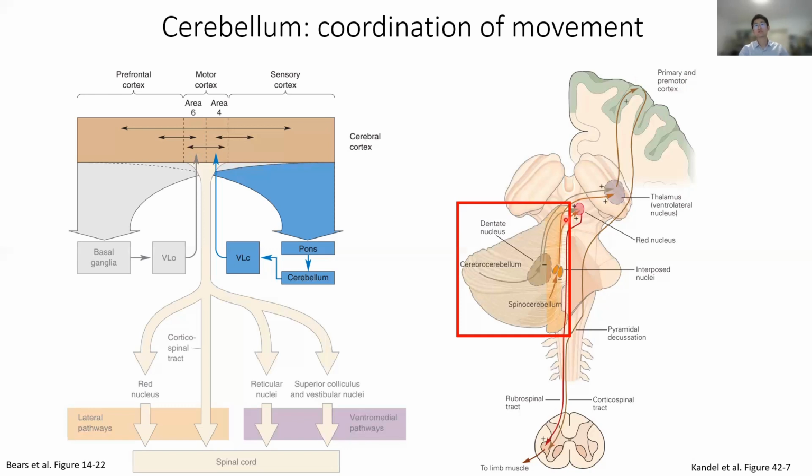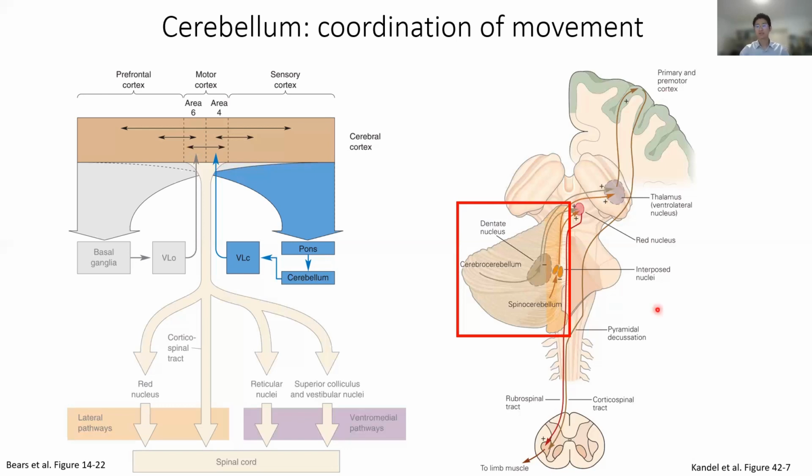The cerebellum's control can also go through the red nucleus and then down to the spinal cord to control the muscle. So from this picture, we see there's no direct connection from the cerebellum to the spinal cord. It always has to go either through the red nucleus or through the motor cortex.